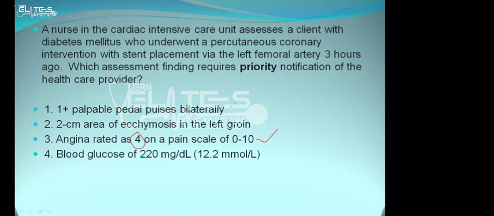This one is diminished, though, but you have some blood flow in there. Then, this one is normal. This one has nothing to even do with the stent placement itself. So what do you think? There should be no pain at all. So that makes 3 the answer.